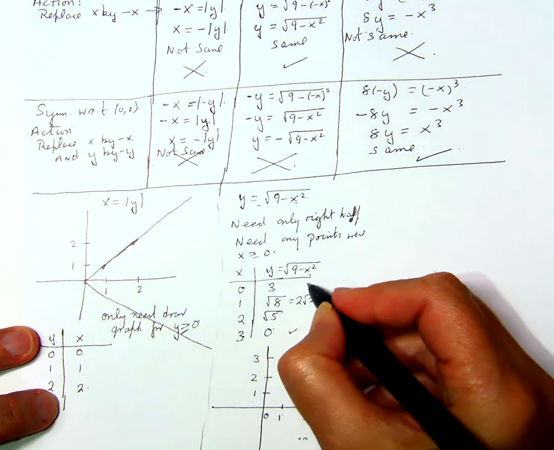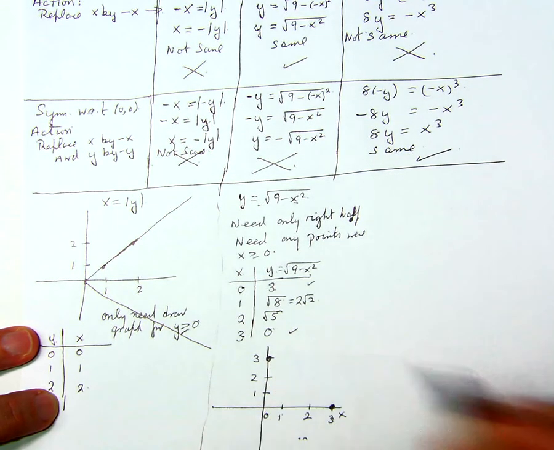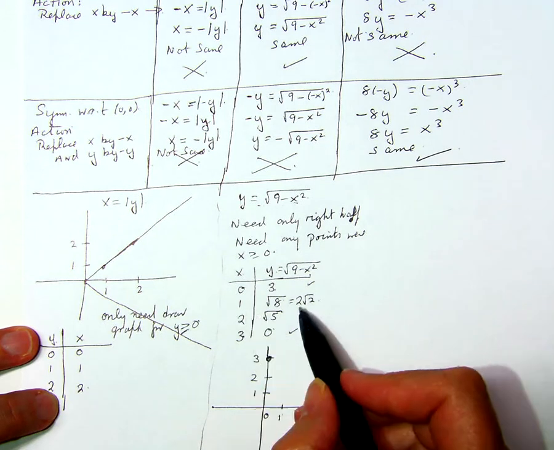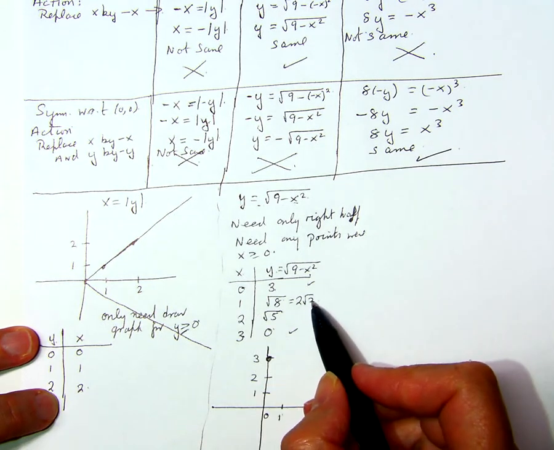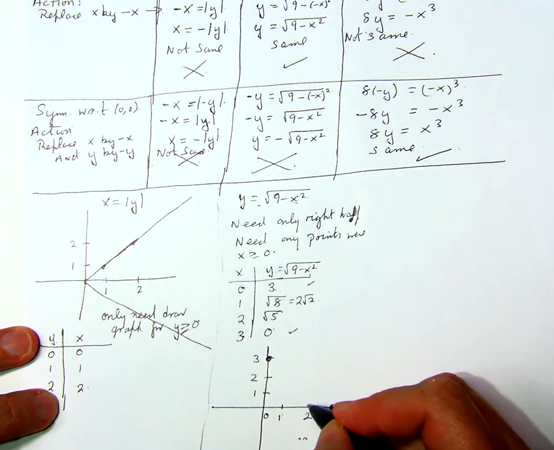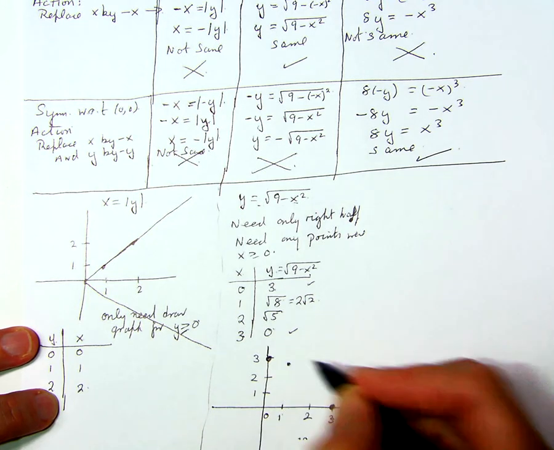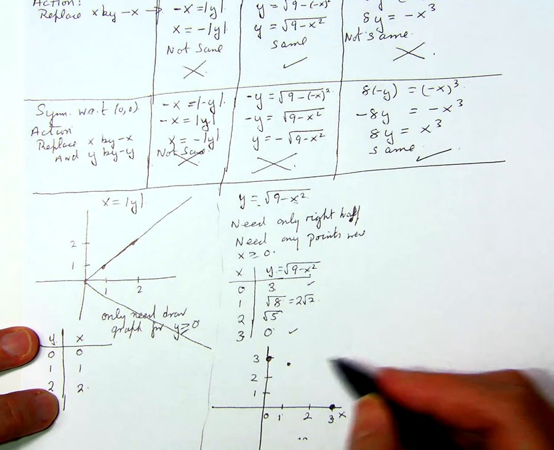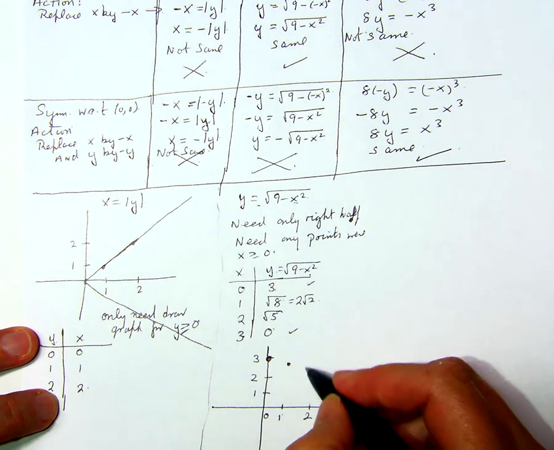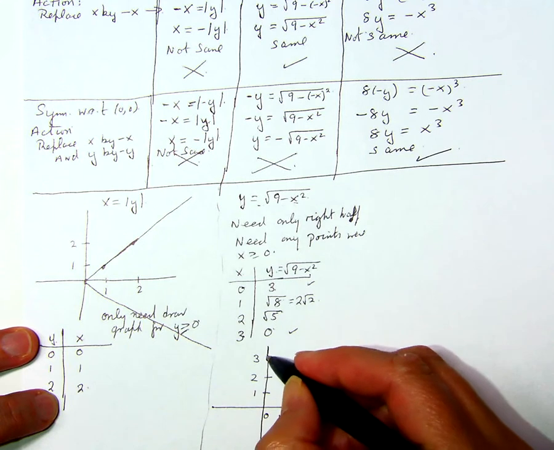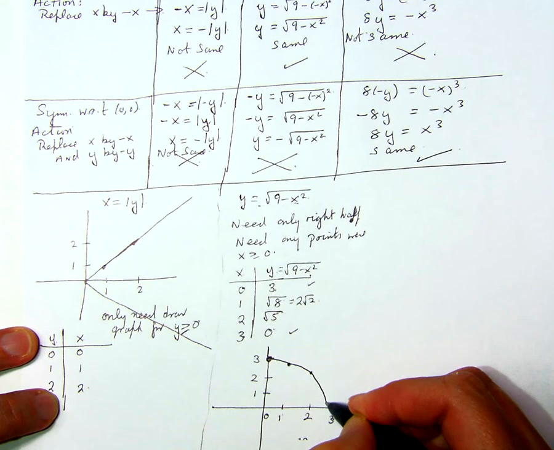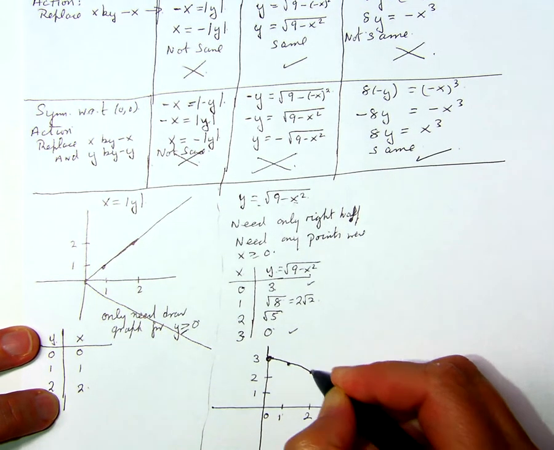The point (0, 3) is on the graph. The point (1, 2 times the square root of 2) is up here a bit, about here. Then x is 2, and the y value is the square root of 5, and that's about here, and I join those dots and I get this thing that looks like a quarter circle.